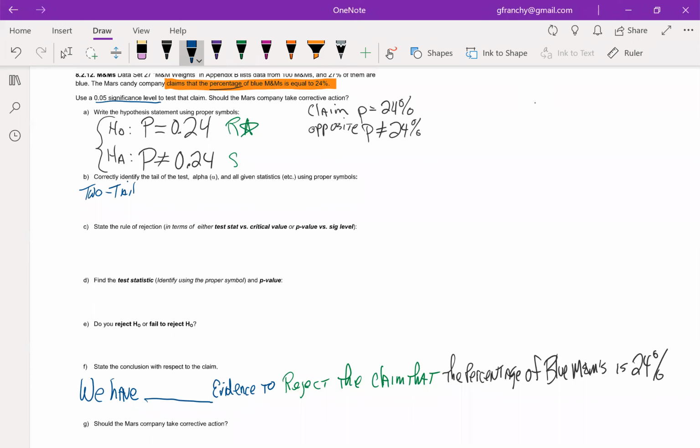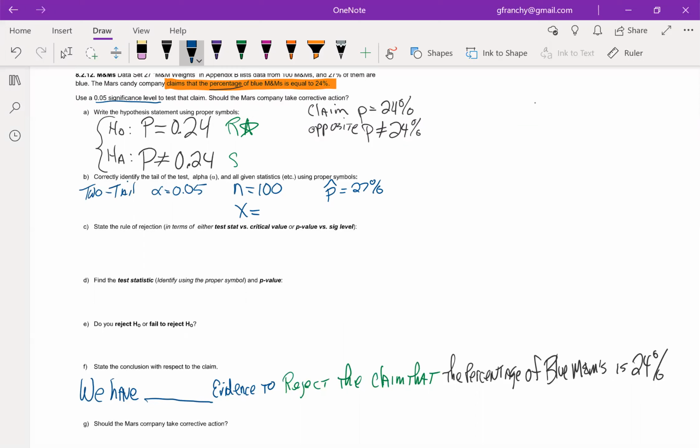We want alpha. Alpha is the significance level. That's 0.05. We want our sample size. That was 100. We're going to want X. Now, X is the number of candies. They gave us a percentage of candies. They actually gave us 27%.